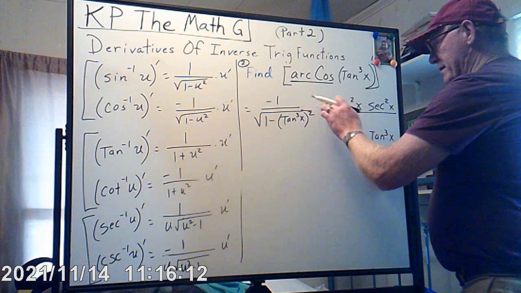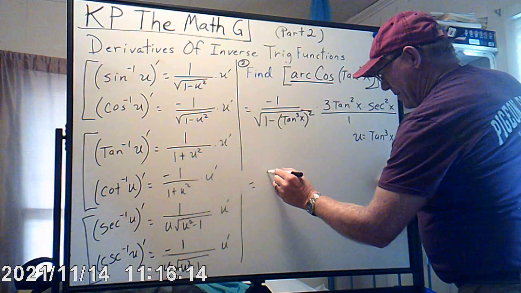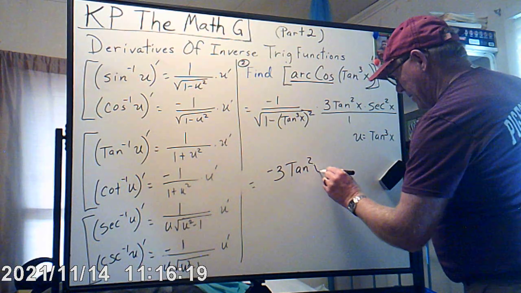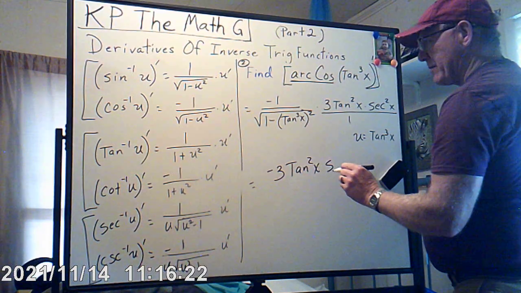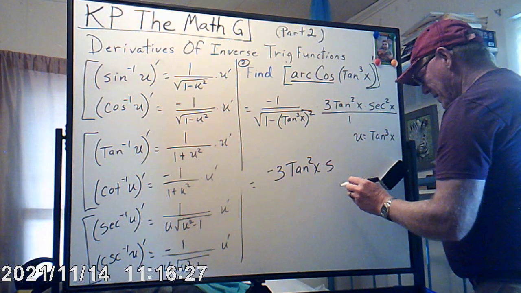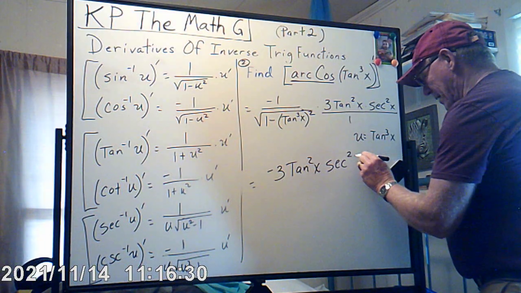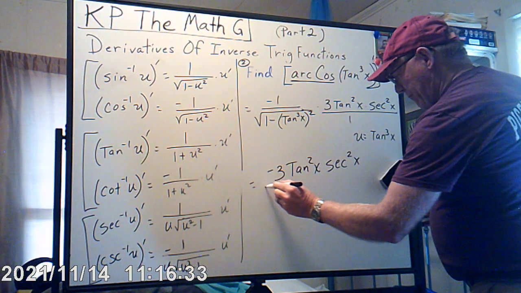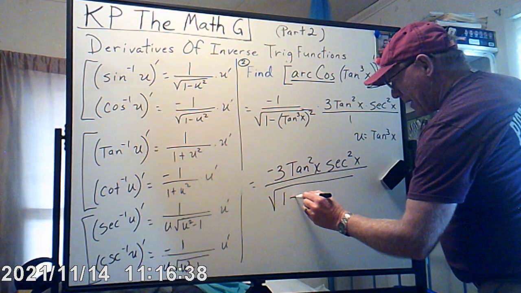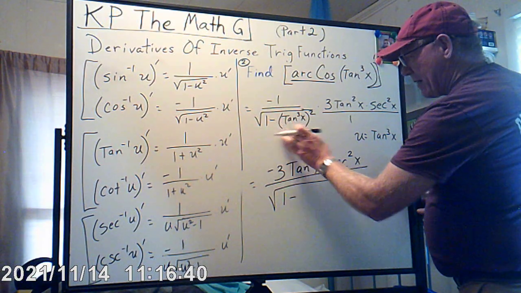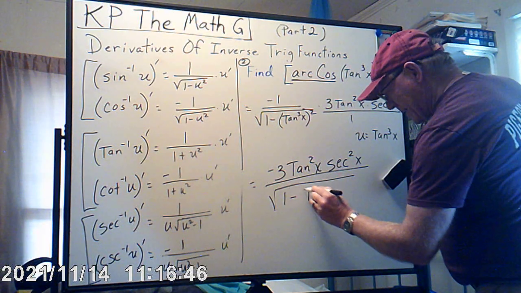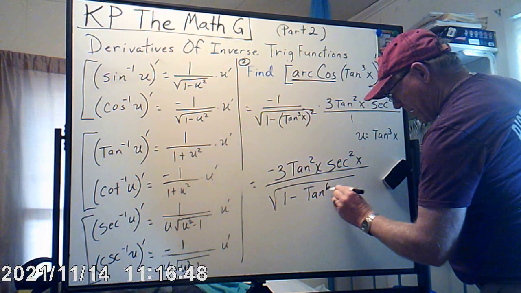So now -1 times 3 is -3 tangent squared x, and did we do u? Oh well, we have been doing u, but it's x this time. Secant squared x divided by the square root of 1 minus, now we're not squaring both of these terms, we're only squaring the tangent cubed, which is now tangent to the 6th power.